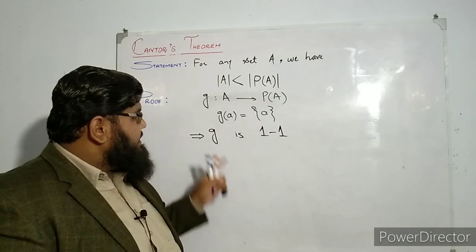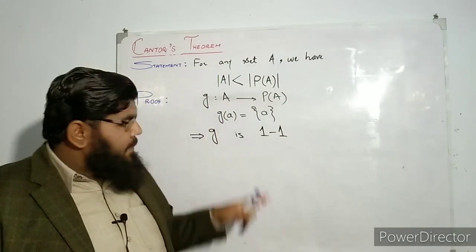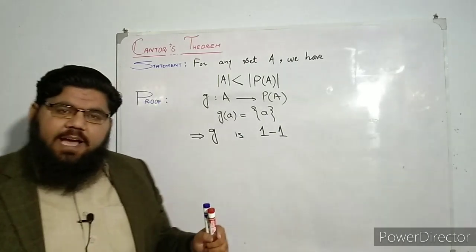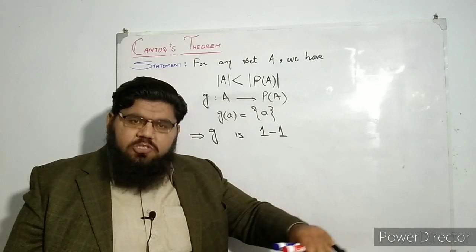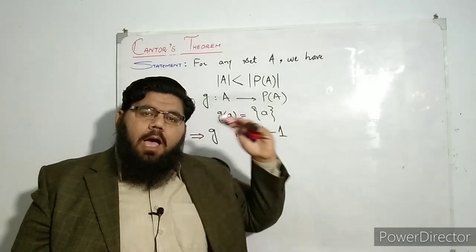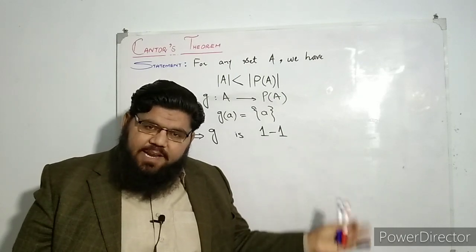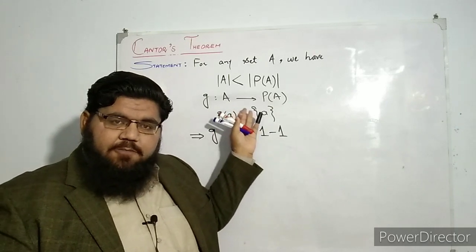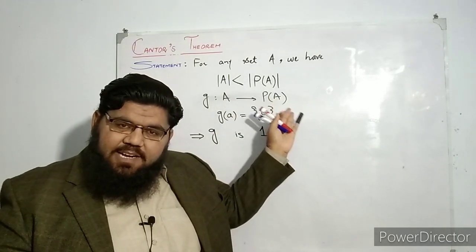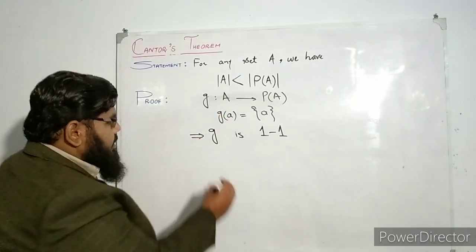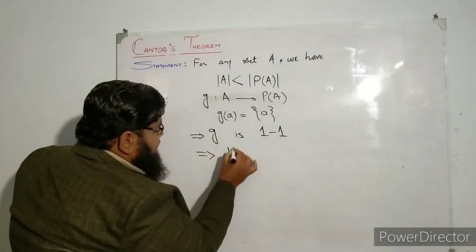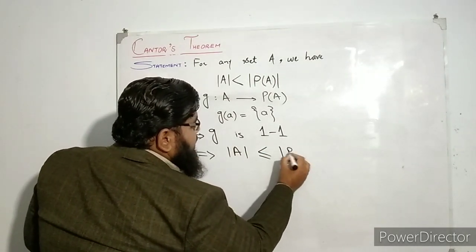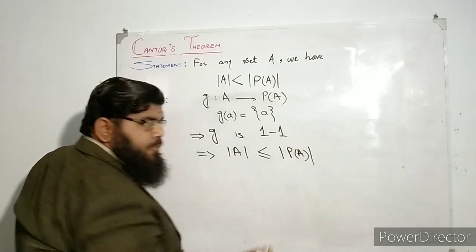So if you are saying that this map is a 1 1 map between these two sets, what does it mean? From our literature we know that if you can perform a 1 1 mapping between two sets, then the cardinality of the input set will be less than or equal to the cardinality of the output set. So from here we conclude that the cardinality of A is less than or equal to the cardinality of the output set, or you can say codomain.